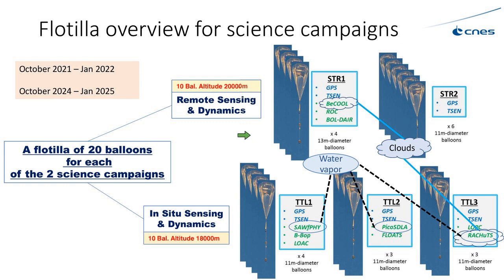And then the lower balloons, there'll be 10 of those at 18 kilometers, and they're the ones with the new water vapor sensors and the reel down sensors and the FLOATS 2 kilometer long fiber optic cables. So these are flying low enough that these 2 kilometer cables will get a good sample of the TTL.